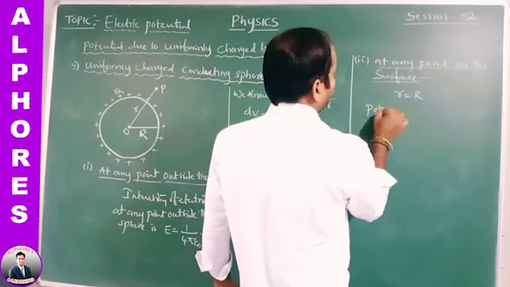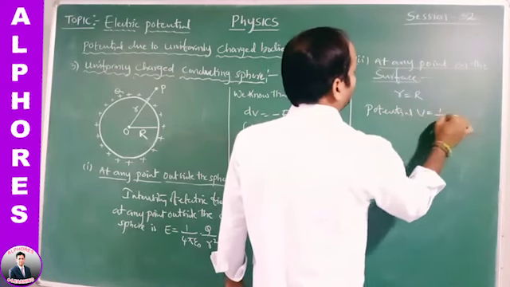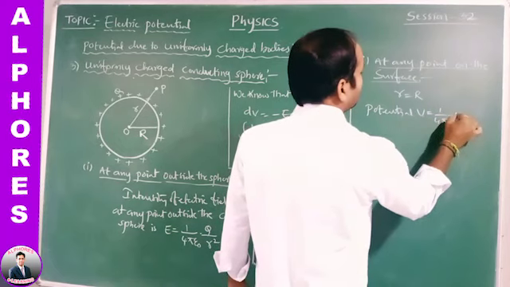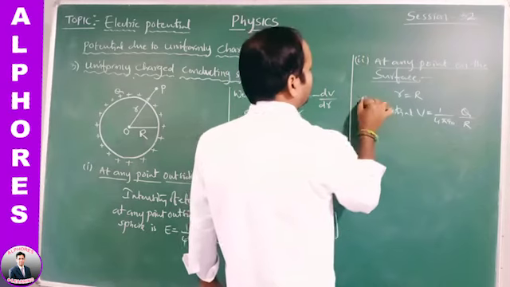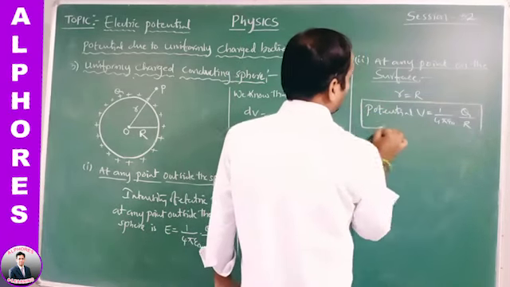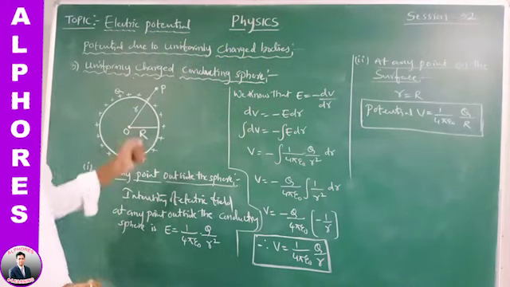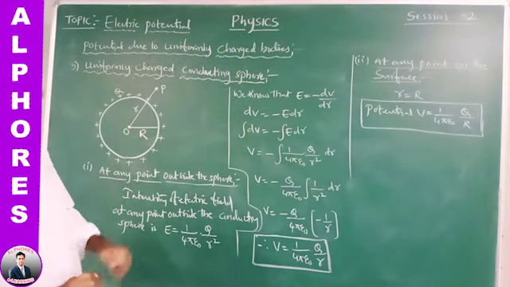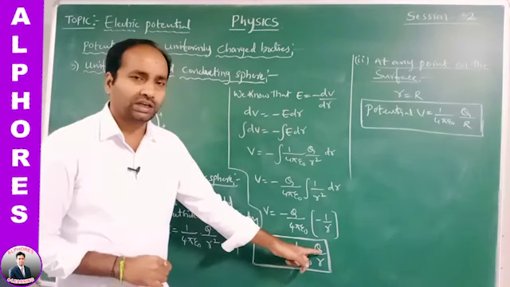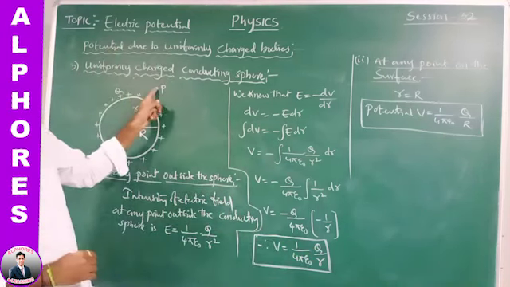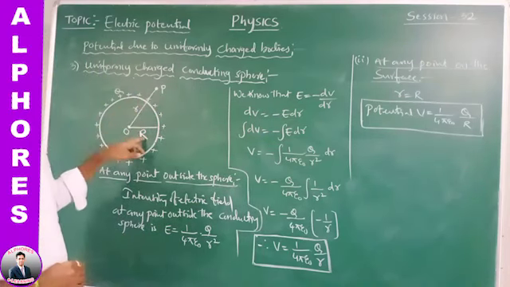Potential V is equal to 1 by 4 pi epsilon naught Q by capital R. This is the potential at any point on the surface of the conducting sphere. At any point outside the sphere it is 1 by 4 pi epsilon naught capital Q by small r. At any point on the surface it is 1 by 4 pi epsilon naught Q by capital R.